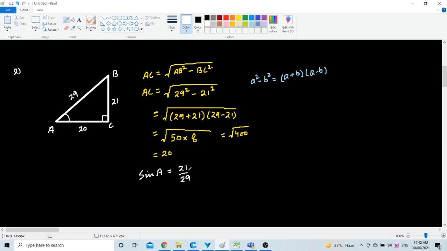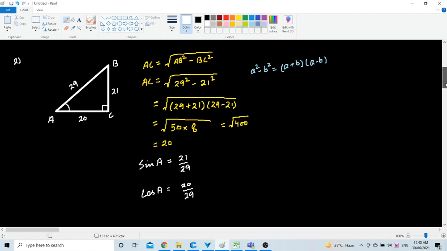Initially, if you remember the old figure, BC was the base, but now since you have to find out the value of angle A, we have to rotate it, and now BC is serving as a perpendicular. Similarly, cos A is base upon hypotenuse, right? Similarly, you can find the values for tan A, cosec A and cot A as well, right?